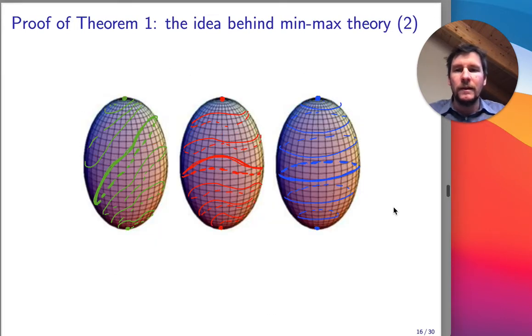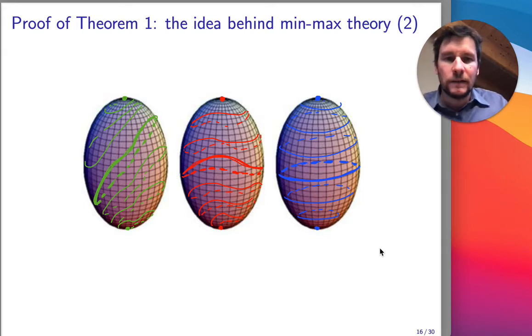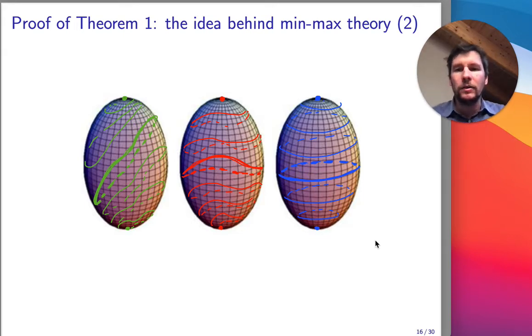So in this case, we look at a family of closed curves, which is called a sweep out. So you start at a point, you end at the point, and in between the length gets longer and longer, okay? And now what we'll do is we look at the longest length and see whether this longest length is already pretty good. And then we look at similar other sweep outs, so sweep outs that sort of are in the same isotopy class as this green model sweep out.